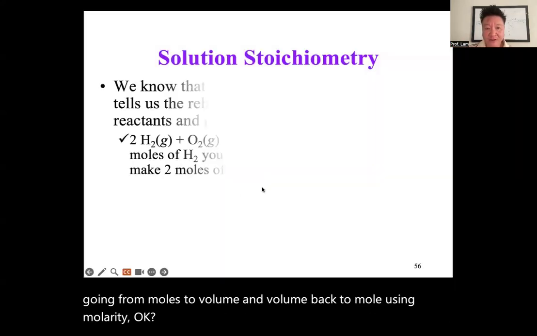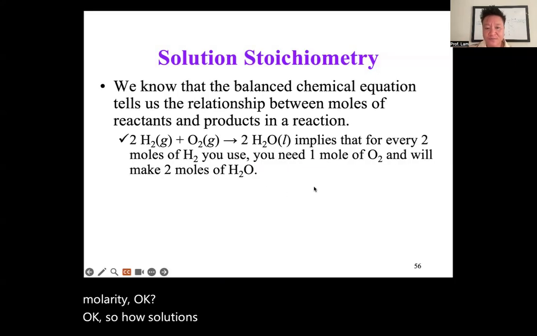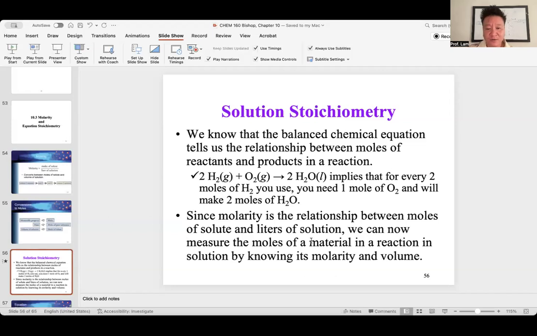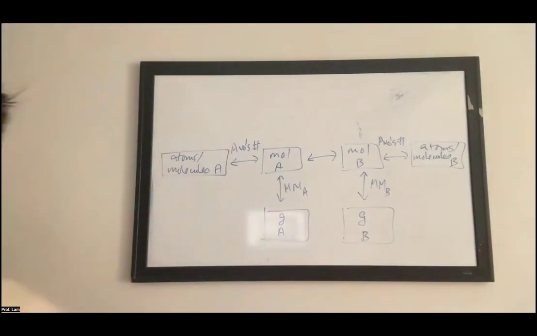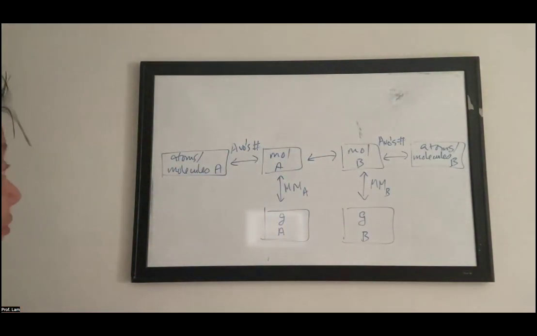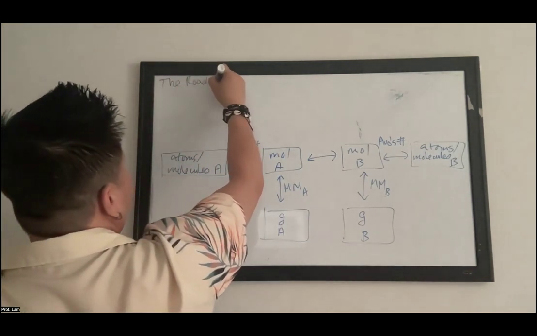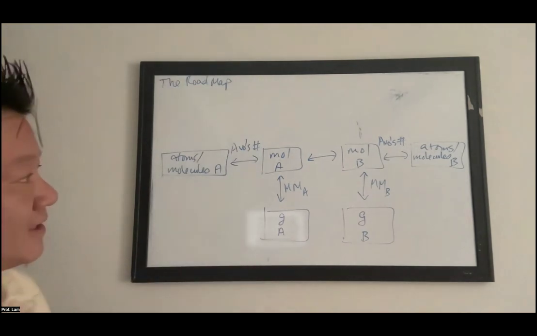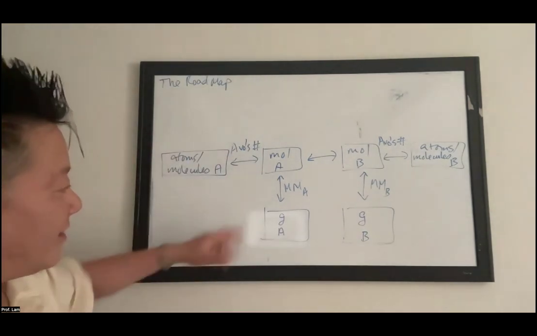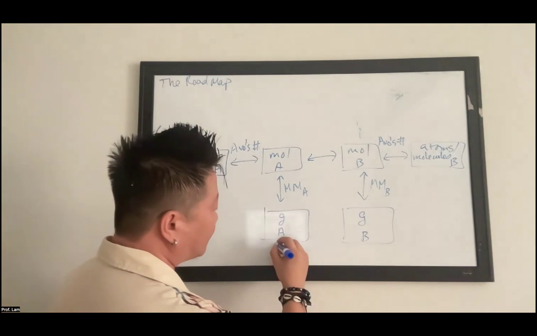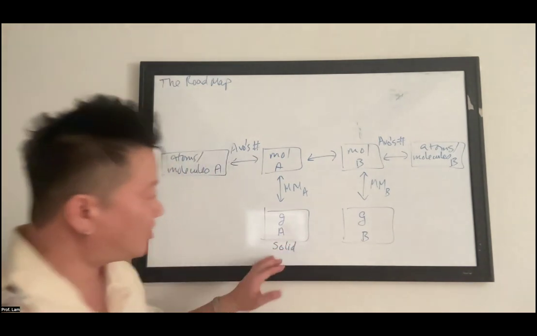Okay, so how solution stoichiometry works. Let's go to the board for this. So far, this is what we have for the roadmap for doing stoichiometry. Typically, if you're in the solid state, then you start at grams.